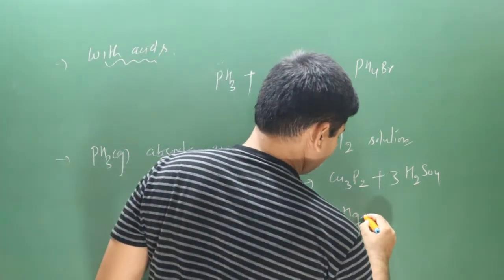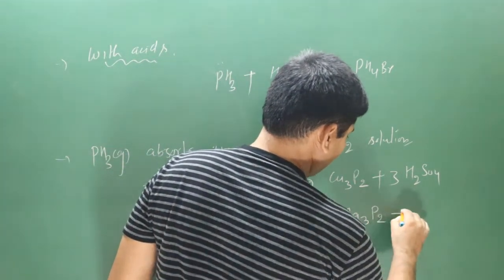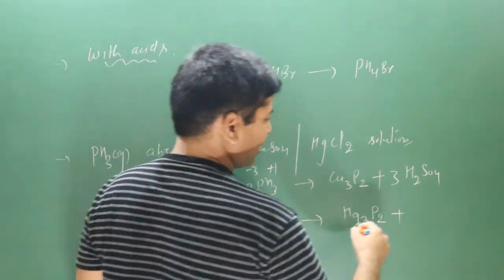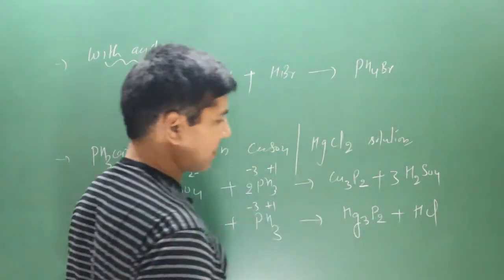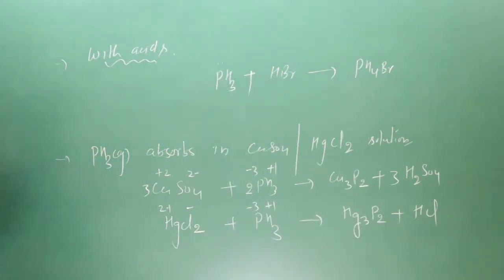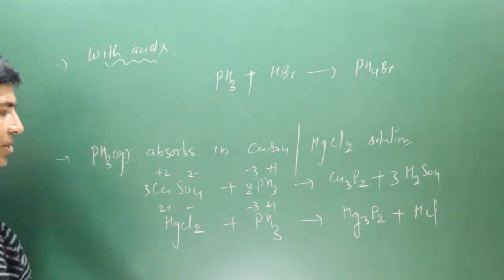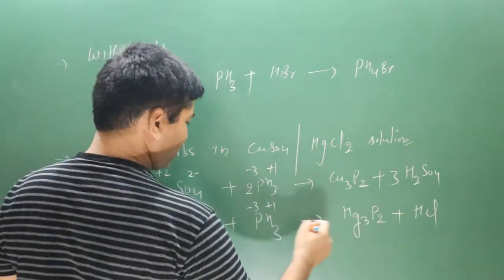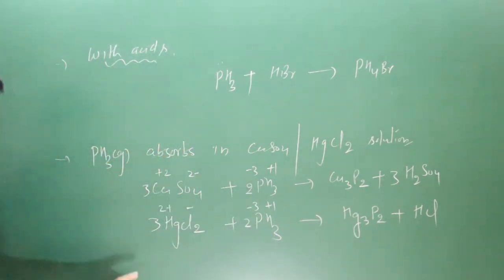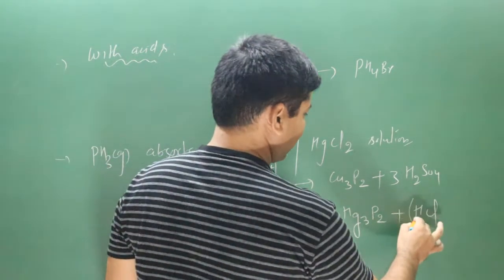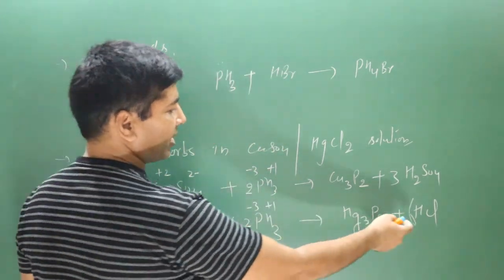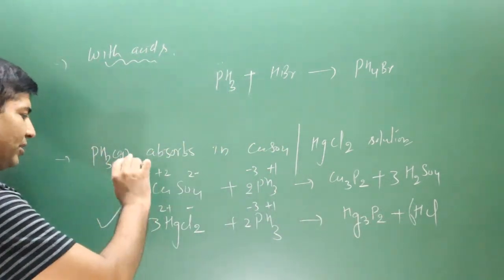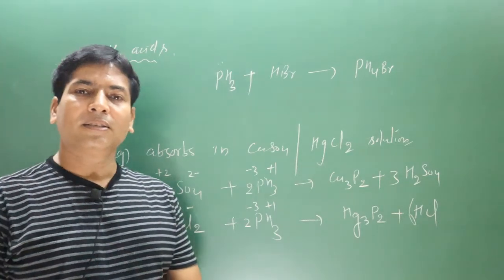Then we get Hg3P2, and then hydrogen combining with Cl, we get HCl. H plus ion combining with Cl minus ion. We can balance this equation. 3 Hg multiplied by 3, 2 phosphorus multiplied by 2. How many Cl are there? 3 times 2 is 6 multiplied by 6. How many hydrogen? 3 times 2 is 6. Hydrogen is balanced. That is how easily we can complete these reactions.